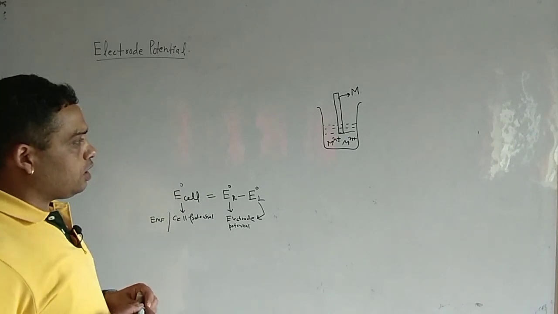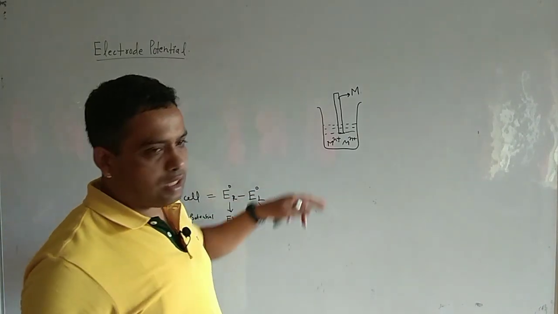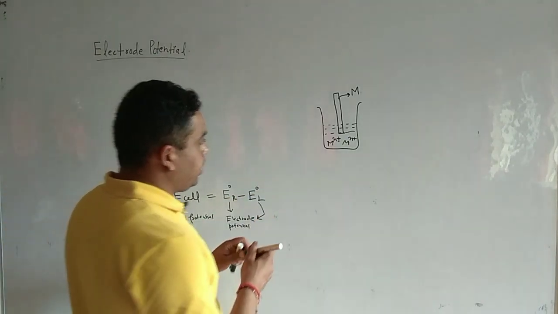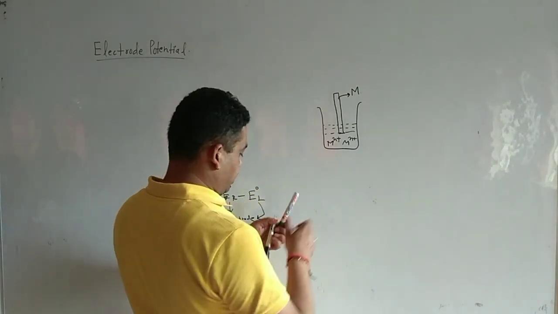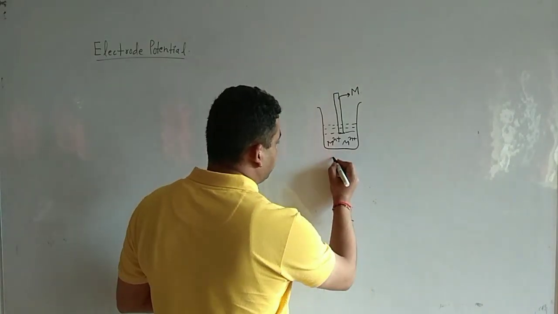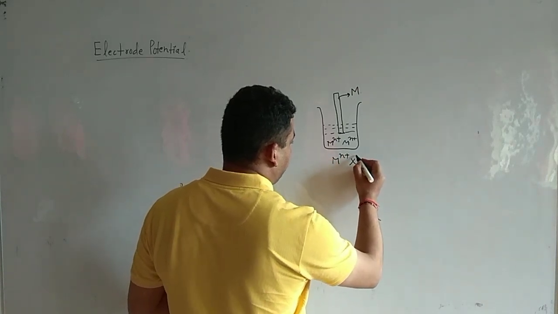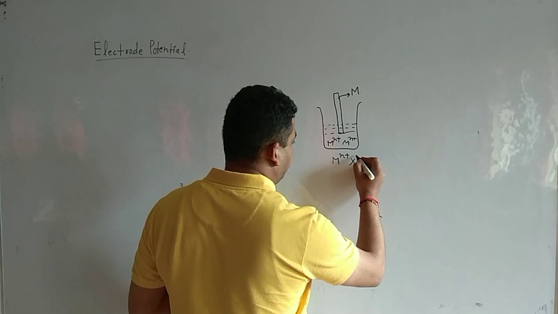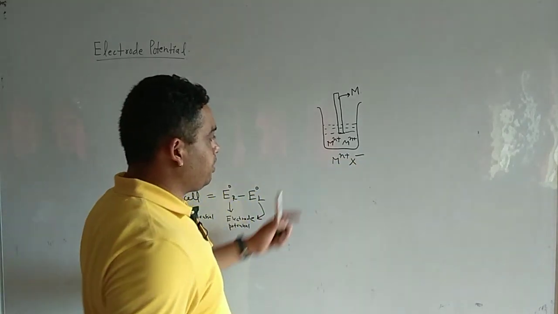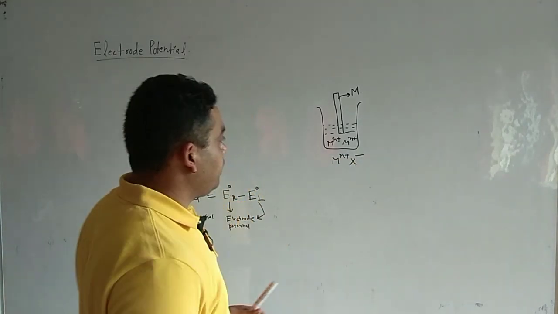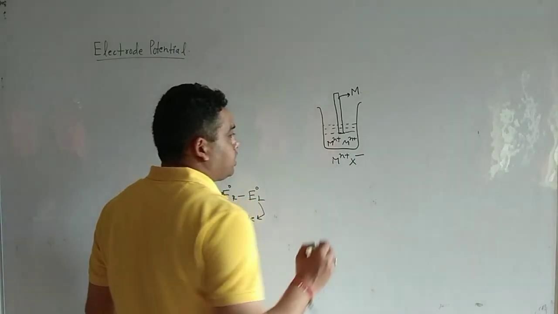Now what happens, there may be a condition like this. You can think that this M n positive would be there with some negative species, that means the cation and anion are both there.